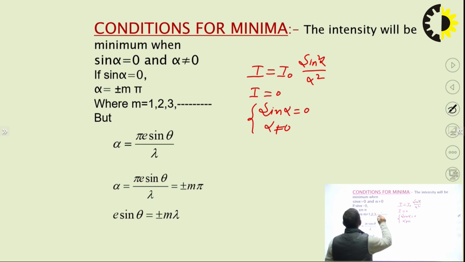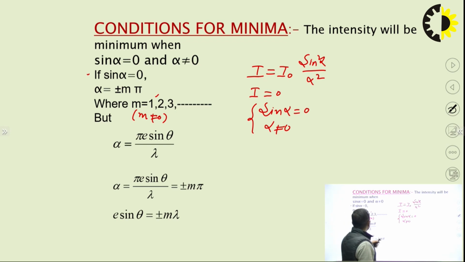If sine alpha is 0, then alpha will be plus minus m pi, where m is an integer starting from 1, not from 0. m cannot be 0, because if m is 0 it again gives the condition for the central maximum. So the values of alpha for the minima may be plus minus pi, plus minus 2 pi, plus minus 3 pi.